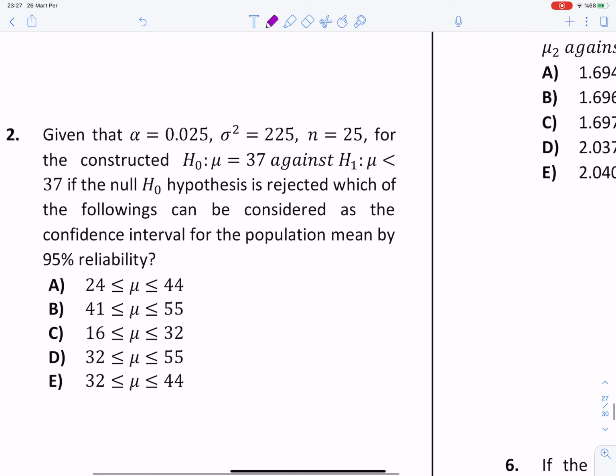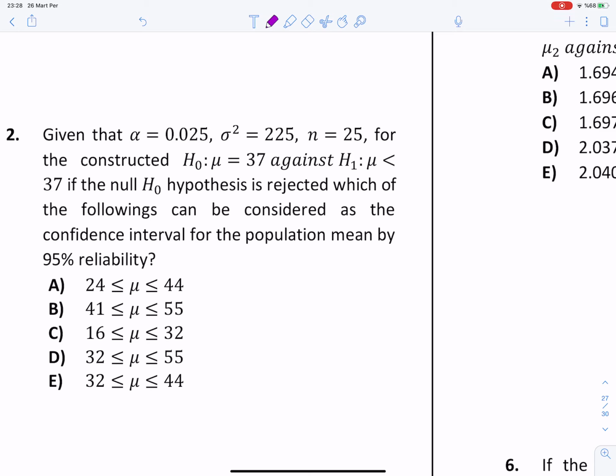Okay. The confidence interval, if you have no idea about the sample mean and you reject the null hypothesis, you're expecting the population mean should be outside the range of the confidence interval for 95% reliability.